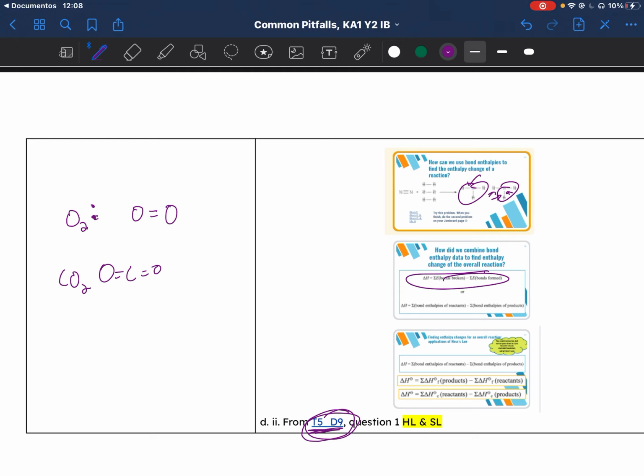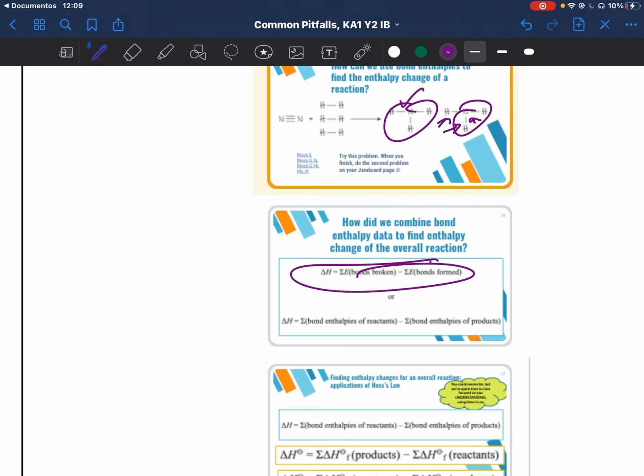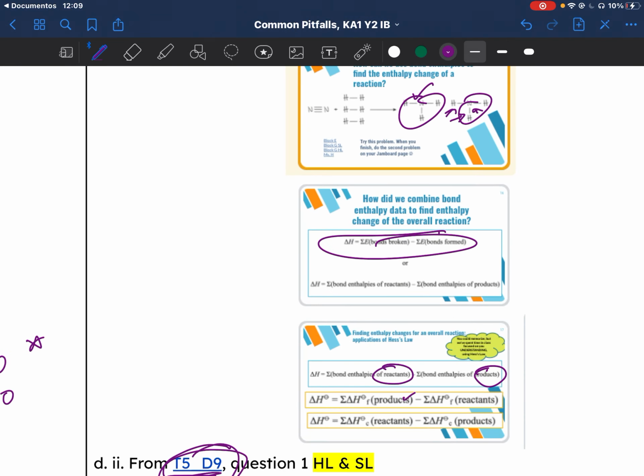And so you needed to look on the bottom of section 11 to find the C double bond O and the O double bond O values, not the C single bond O values. So that's where people tended to get tripped up here. Other than that, people did pretty well, remembering that bond enthalpy is an example of reactants minus products, unlike formation.